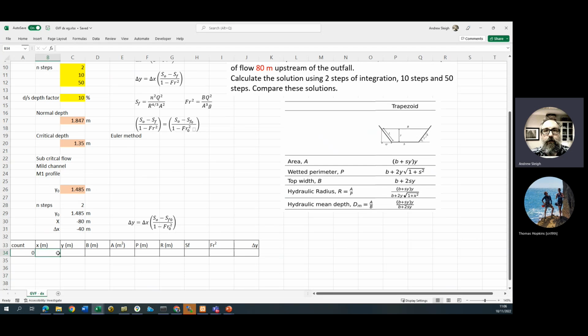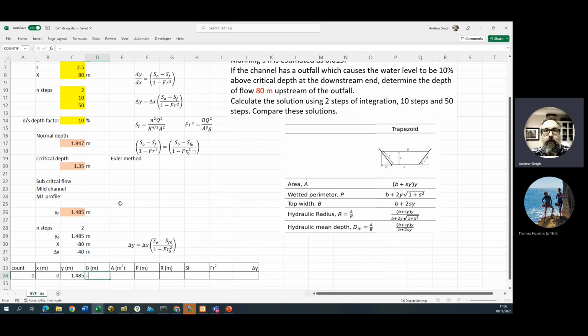So x, we're starting at x equal to 0, so I'm going to type in 0 there. Y0 is equal to the y0 value that we've just calculated, 10% above critical. I'm going to use 3 decimal places for this y. The top width is B plus 2sy, if we're looking at the formula table here. So let's type that in.